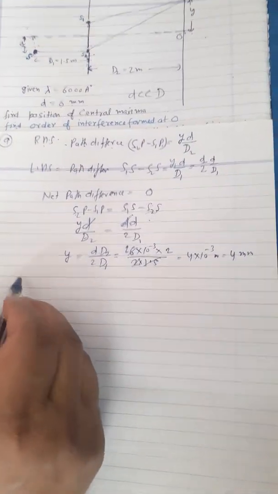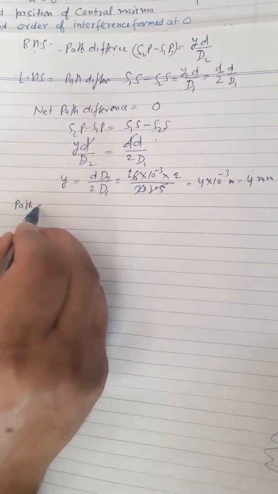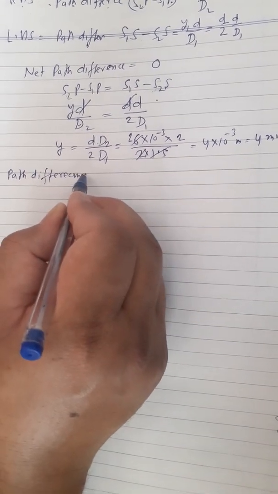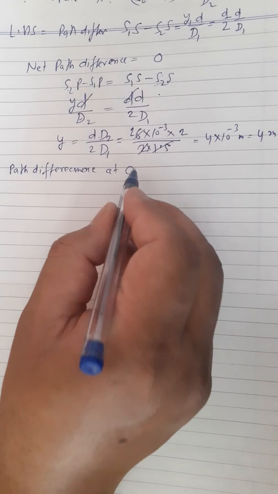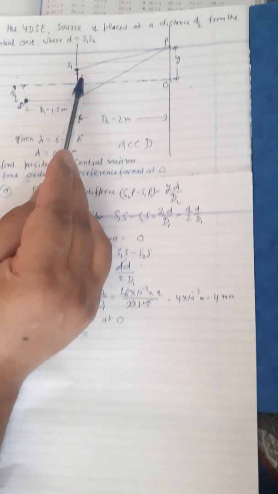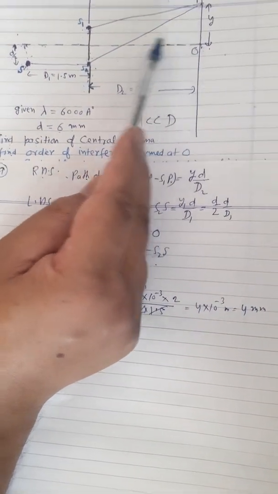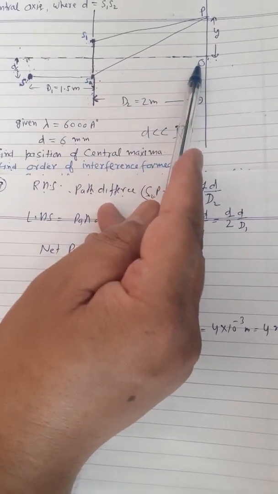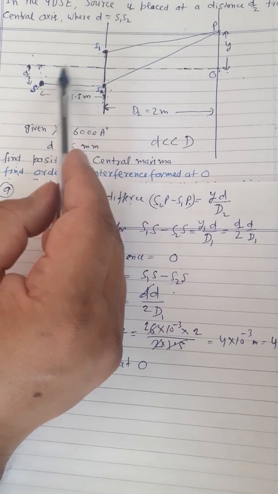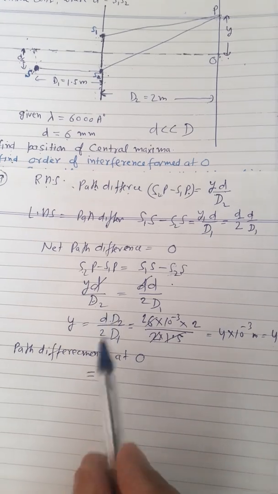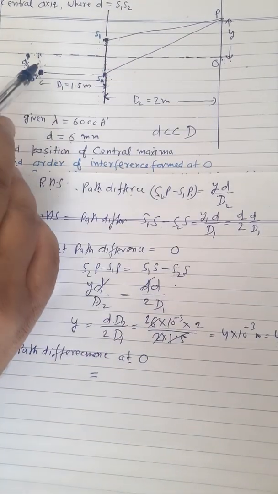Firstly we have to find the path difference at O. From the figure, S1O and S2O are both the same. It means the right hand path difference is 0, but on the left hand there is a difference, that is S1S minus S2S. So the path difference at O on the right hand is 0. What is the left hand?